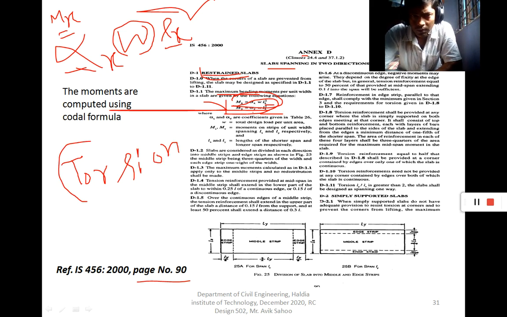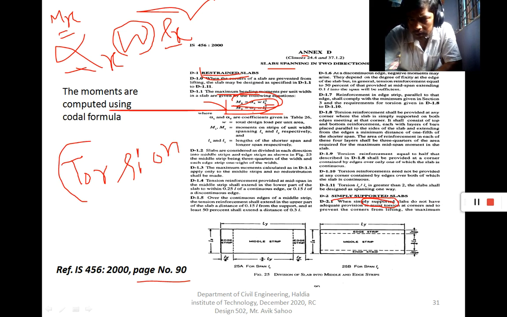Now another type of slab is given, that is simply supported slab, which is unrestrained. You see that simply supported slab does not have adequate provision to resist torsion, which means that we are not using any torsional reinforcement in simply supported slab. And what happened?